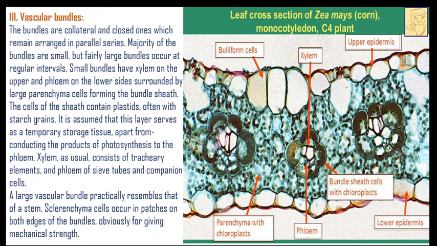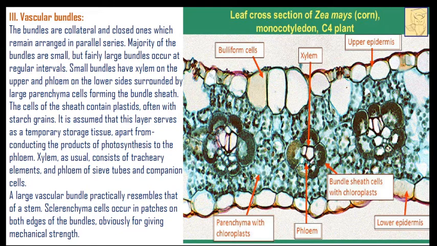Then xylem as usual consists of tracheary elements, that is vessels, tracheids and fibers, while phloem possesses sieve tubes, companion cells, and phloem parenchyma.